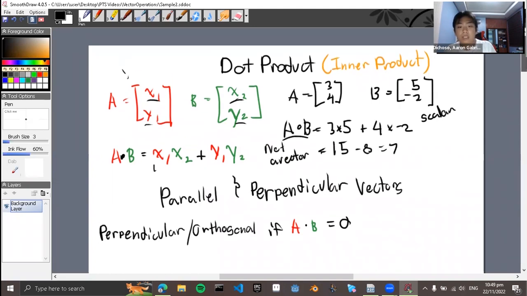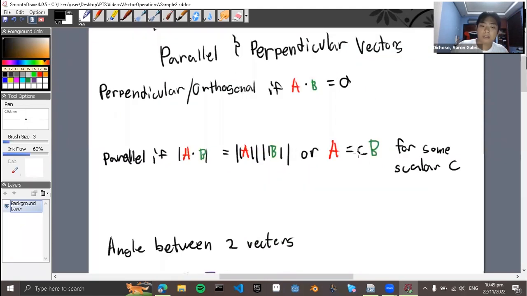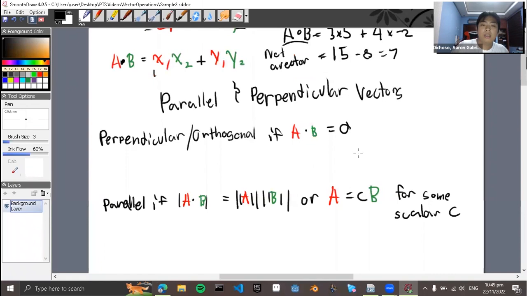This, however, even though it's not a vector, can be used in many different vector properties. For example, yung perpendicular and parallel vectors. Here, we can see that two vectors are perpendicular or orthogonal to each other if the dot product of the two vectors is 0.